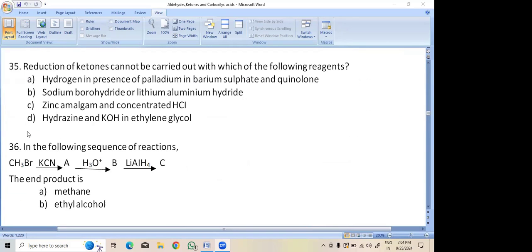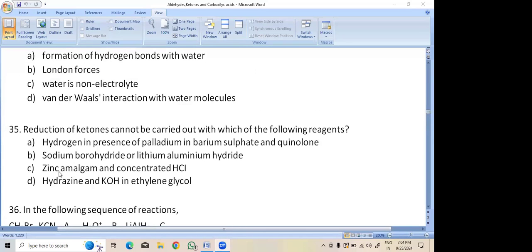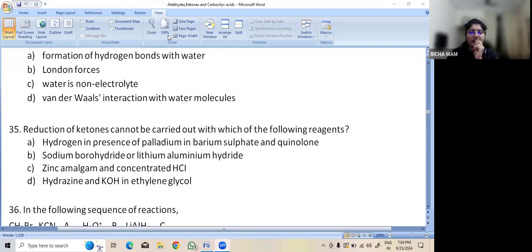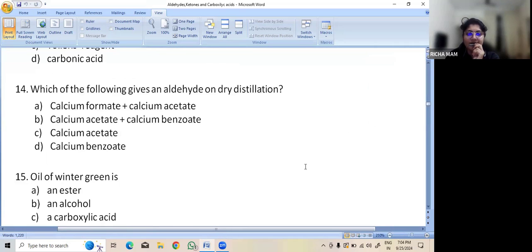Okay. 35th question. Reduction of ketones cannot be carried out with which of the following reagents? A. Hydrogen in presence of palladium on barium sulfate and quinoline. B. Sodium borohydride or lithium aluminum hydride.